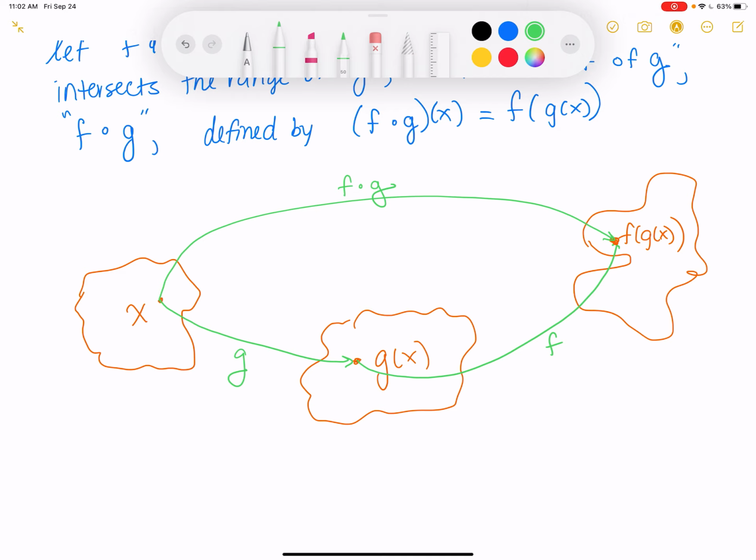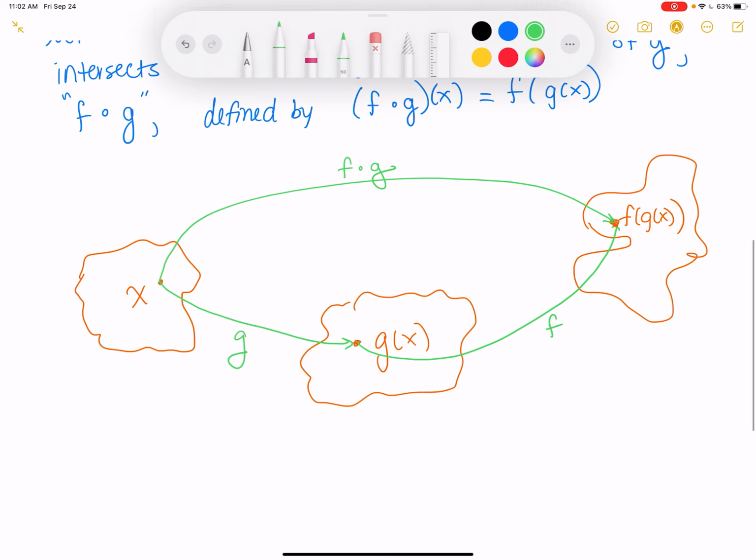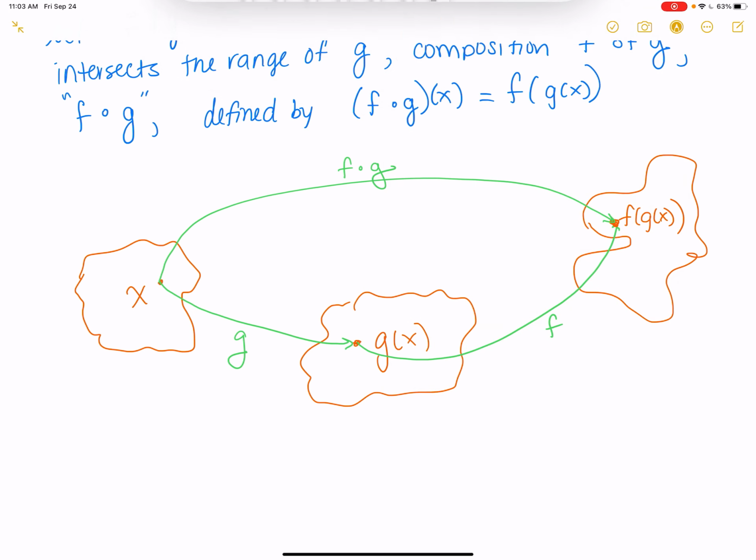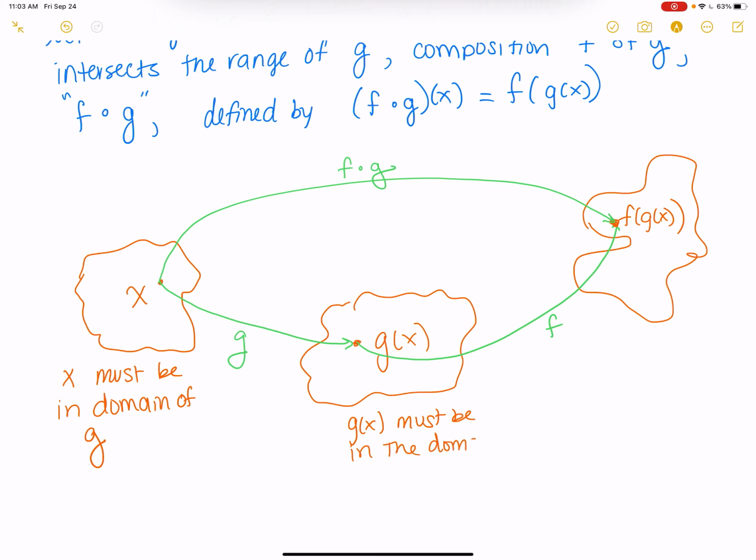If the picture is confusing, you don't really have to worry about it. I'm just trying to show you a little visual of what's happening. And then I'm going to write a little bit below here. x must be in the domain of g. g of x must be in the domain of f.